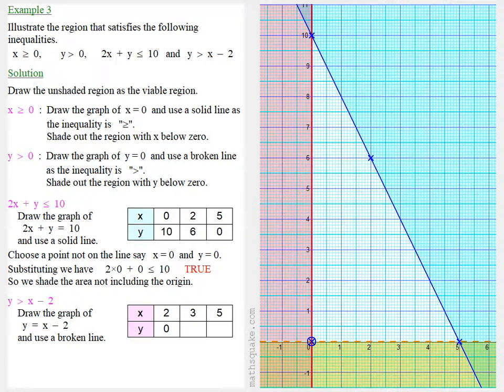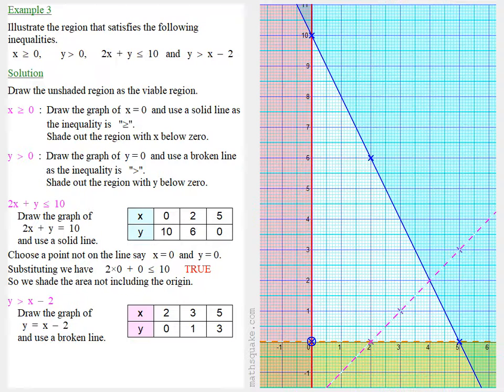If x is 3, then y is equal to 3 minus 2, which is 1. And if x is 5, y equals 5 minus 2, which is 3. We can plot those points and join them up with a line. However, we used a dashed line in this case because the original inequality was only greater than, not equal to.